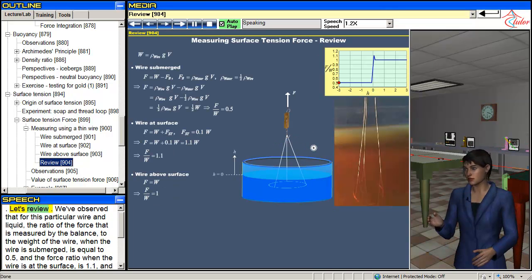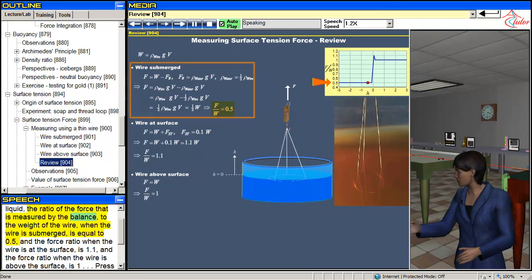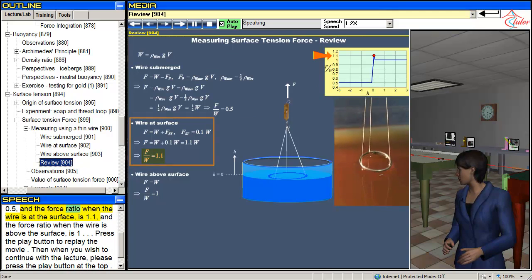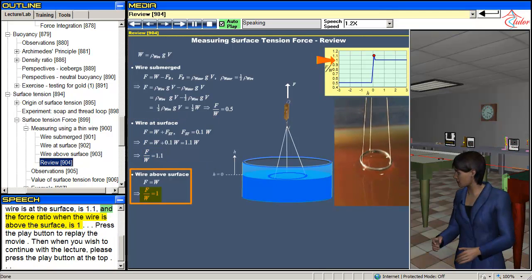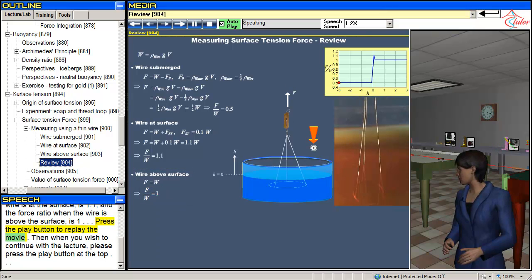We've observed that for this particular wire and liquid, the ratio of the force that is measured by the balance to the weight of the wire when the wire is submerged is equal to 0.5, and the force ratio when the wire is at the surface is 1.1, and the force ratio when the wire is above the surface is 1. Press the play button to replay the movie. Then when you wish to continue with the lecture, please press the play button at the top.